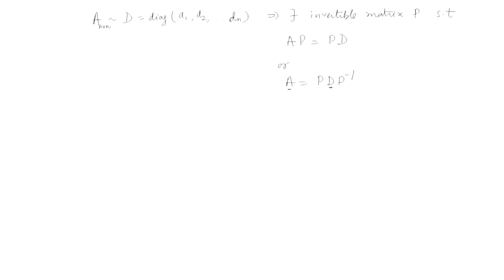So, we can say that the diagonal elements of D are nothing but eigenvalues of A. That means, if A has eigenvalues lambda 1, lambda 2 up to lambda n, then D will be the diagonal matrix with lambda 1, lambda 2 up to lambda n on the diagonal and zeros elsewhere, because similar matrices have the same eigenvalues.